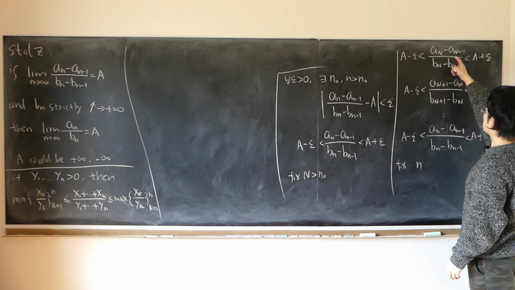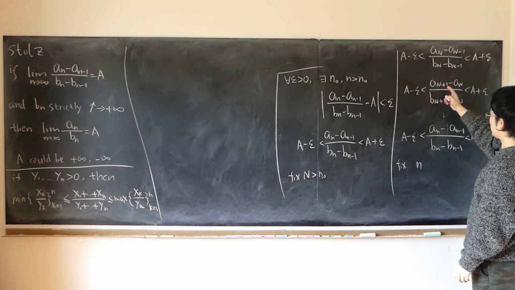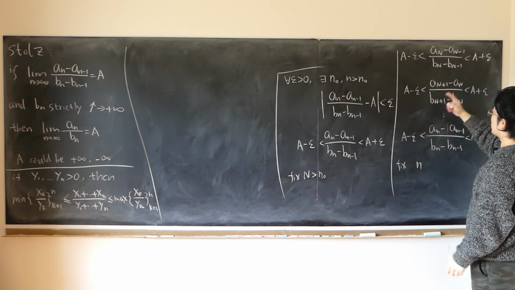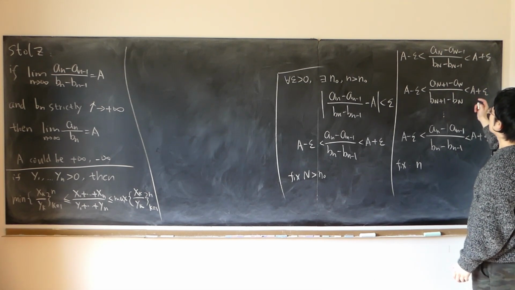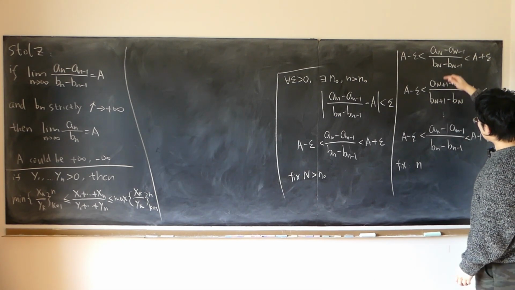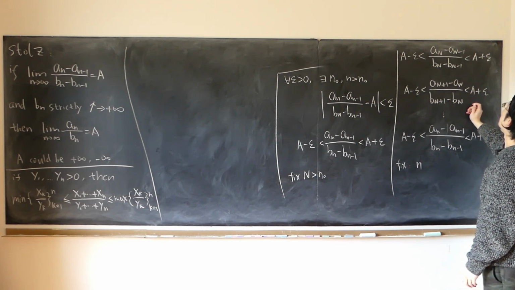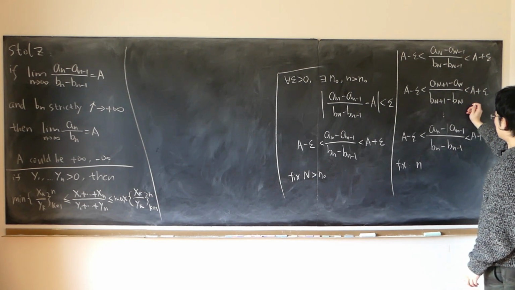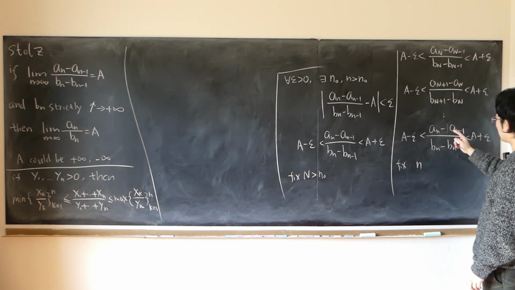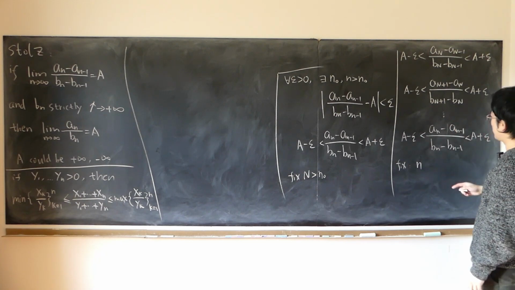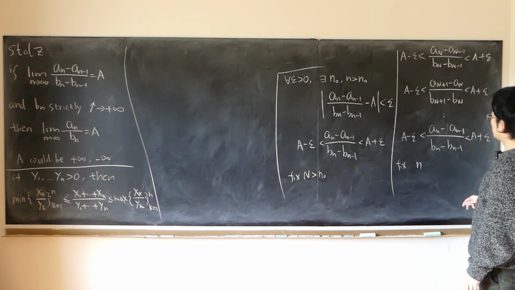This one stays, and this one, an plus 1, will be cancelled out with another minus an plus 1 in the next pair. So after we cancel out the majority of the terms, in the end we're left with an, because an minus 1 will be cancelled out with the previous pair. So this one stays, and this guy stays as well.